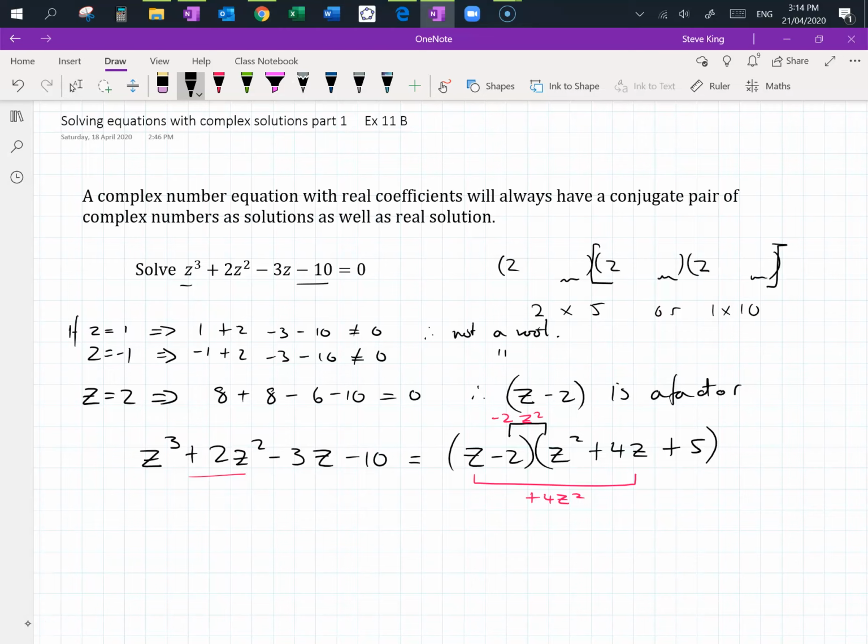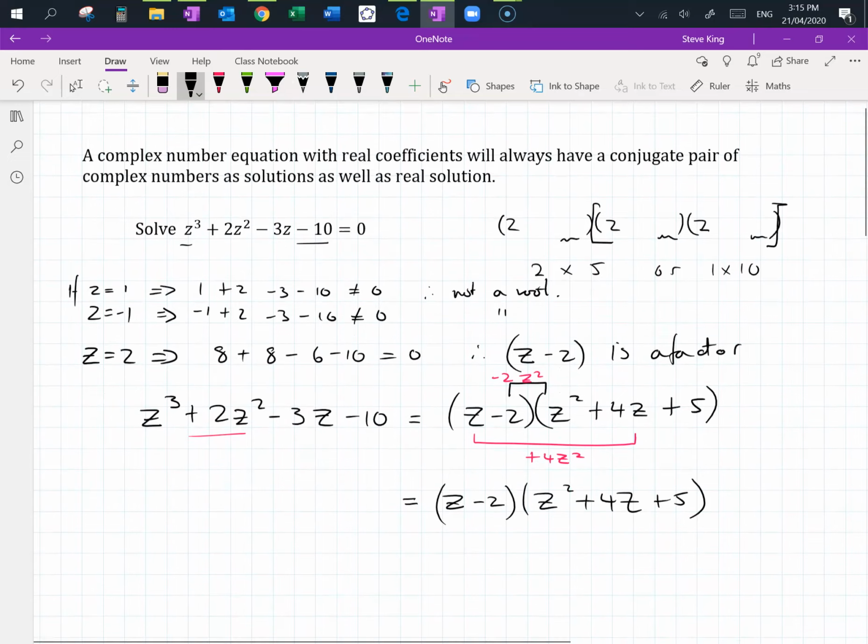So this should be a bit of a recap for you. In other words, what do I have? I've got z minus 2 as a factor, and I've got z squared plus 4z plus 5 as my other factor. And I think you can see by looking at it, we can't factorize that thing.